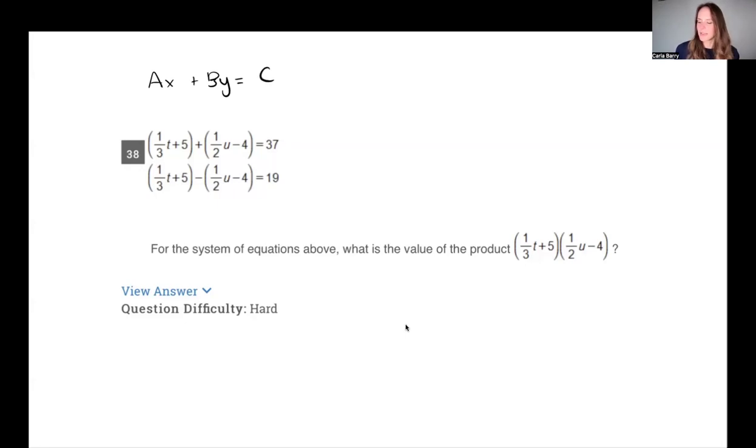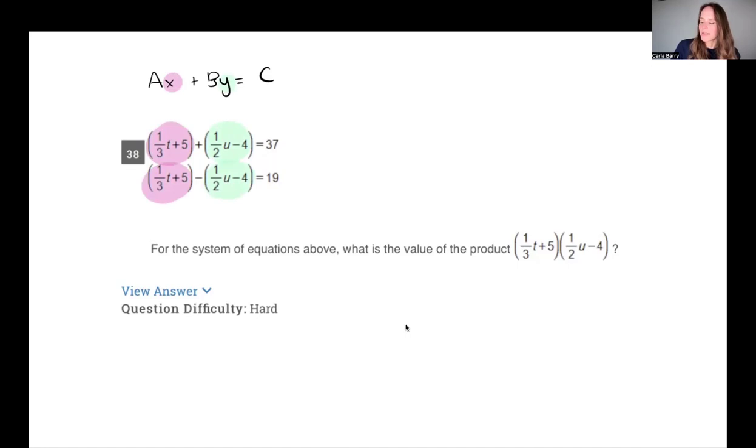We just have a system of equations in standard form, but instead of having x and y here, we have 1/3 t plus 5. So think of the whole 1/3 t plus 5 as your x, and that whole 1/2 u minus 4 as your y.